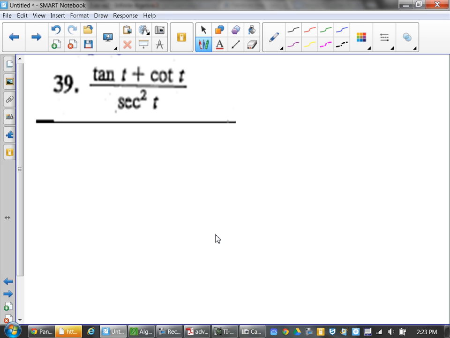All right, take a look here. Look at your numerator. The numerator has tangent plus cotangent. Notice that they're inverses of one another. Once again, it's forcing you to get a common denominator and turn this into a complex fraction. So I want to work with my numerator off the top. Let's get the common denominator.